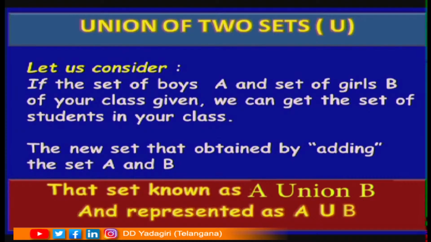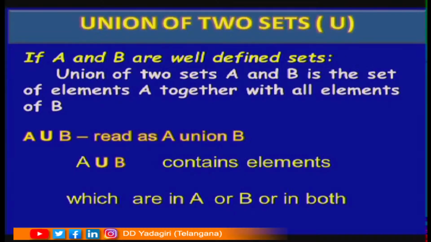Let us see. For example, if A and B are well defined sets, now what is a union of sets? Union of two sets A and B is the set of all elements of A together with all elements of B. It is read as A union B. This is the union symbol you see here.